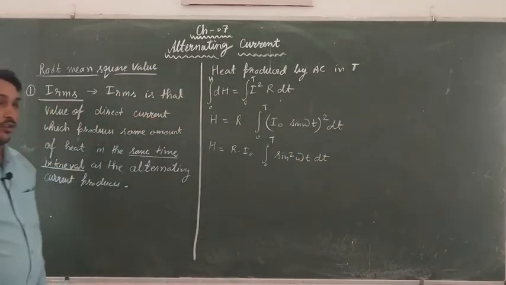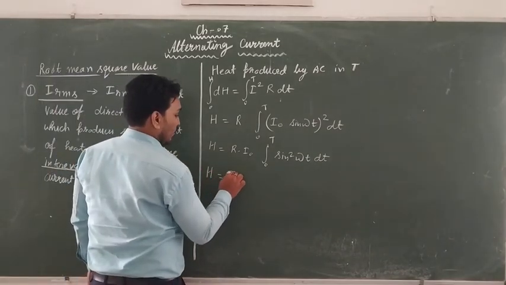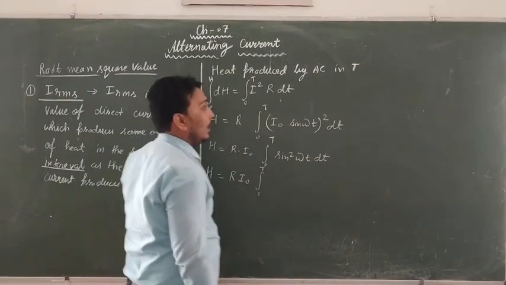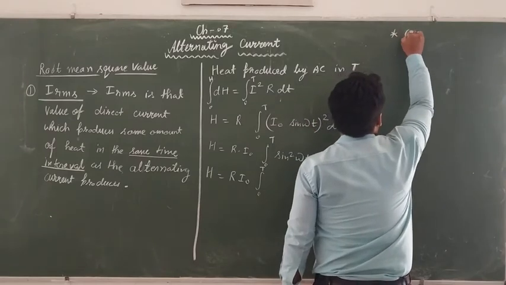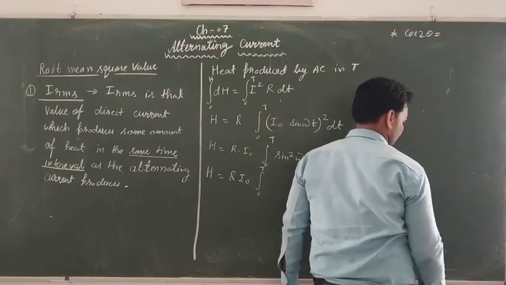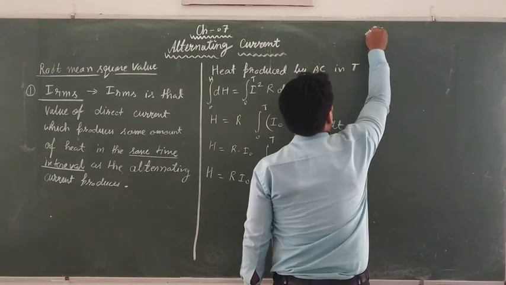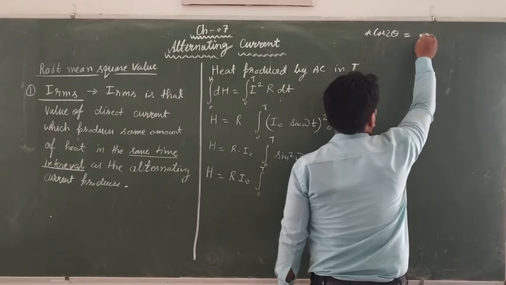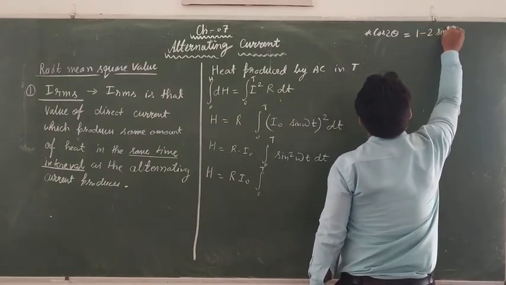Now sin² cannot be integrated directly. I am going to apply a trigonometric identity. Just see, the formula I am going to use is cos 2θ, which is equal to 1 minus 2 sin² θ.